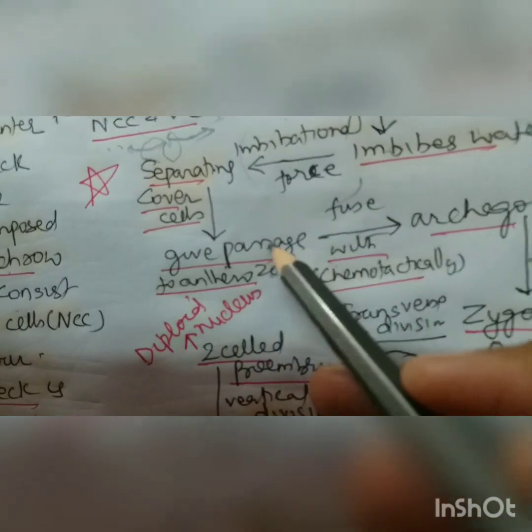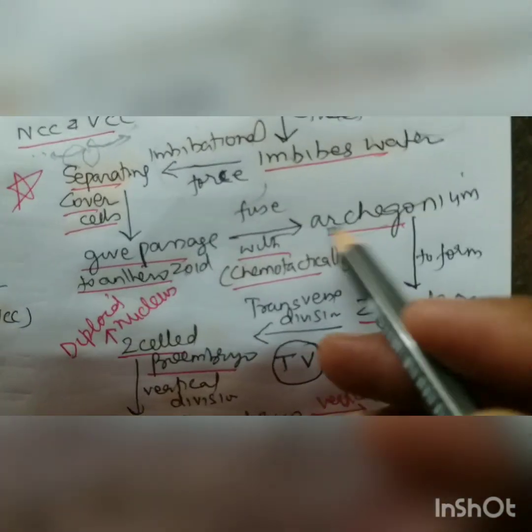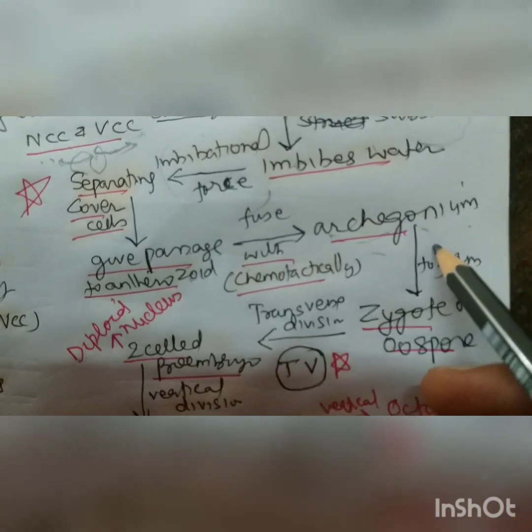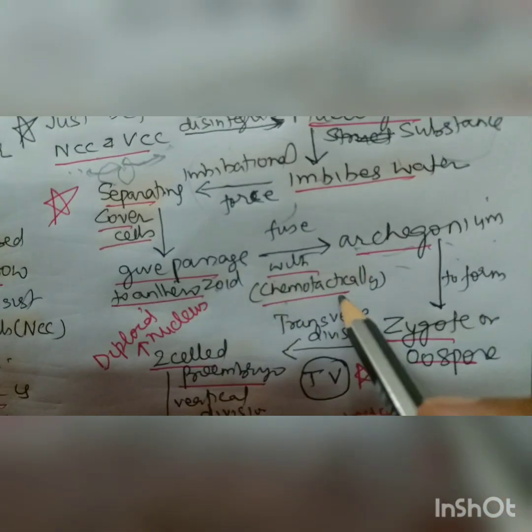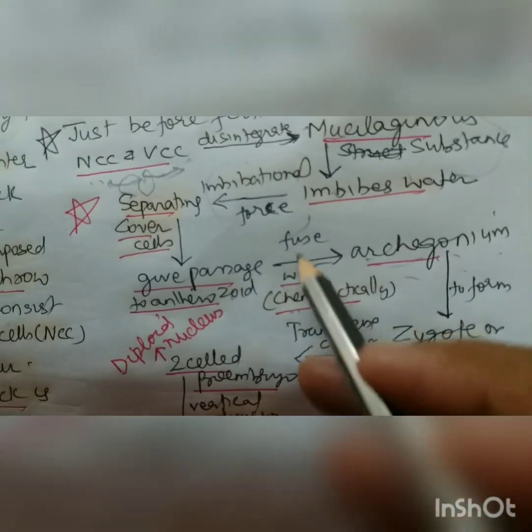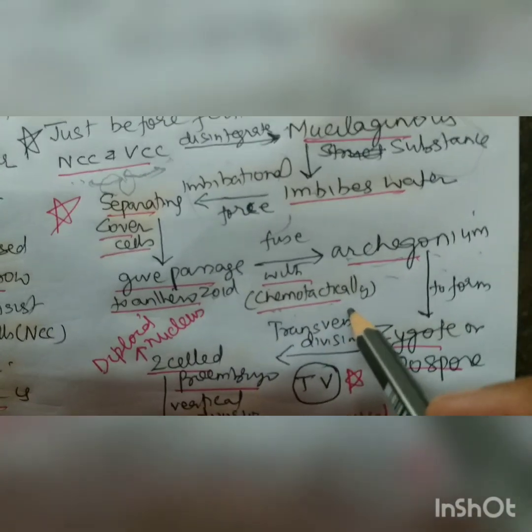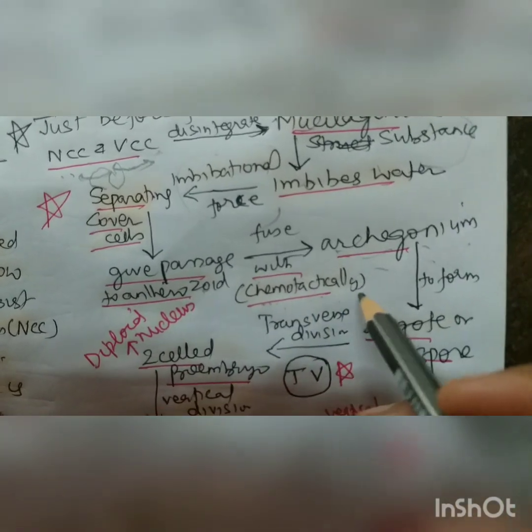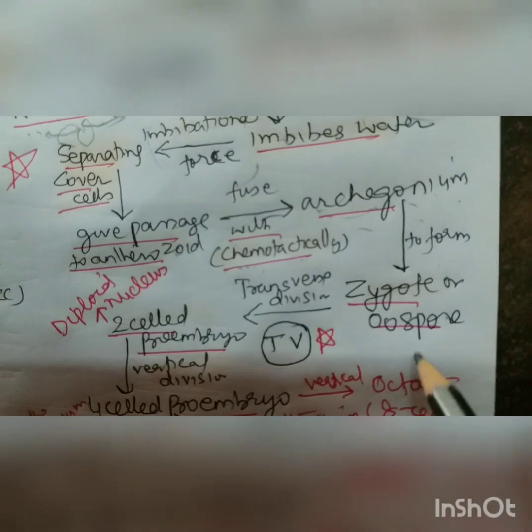These antherozoites are forcibly sucked in and move towards the archegonia chemotactically, to form a zygote, which we also call oospore.